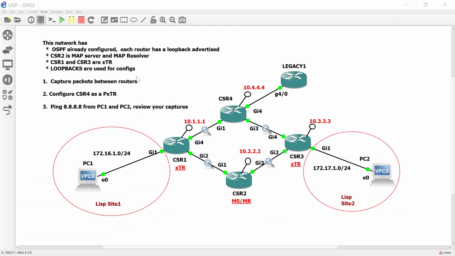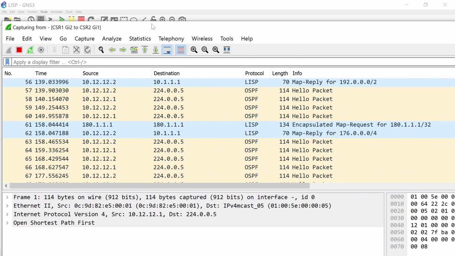Okay, we already pinged from PC and PC2. Let's review the captures, for instance from router 1 to router 2. Let's see what happened here.